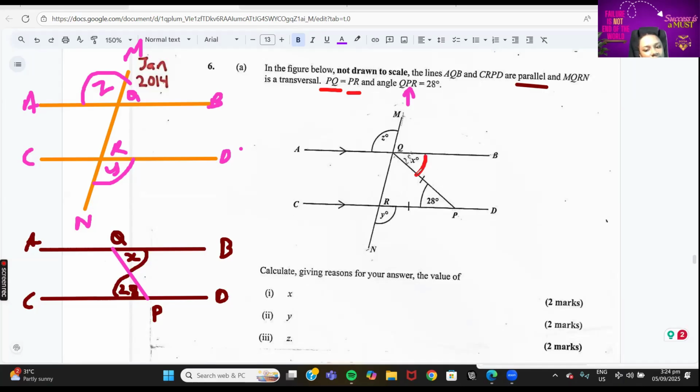What is the size of angle X? You sent a picture in the chat? Yes, in your chat. Is it the next device? Because I'm not seeing it on the main device. I don't know what's going on.